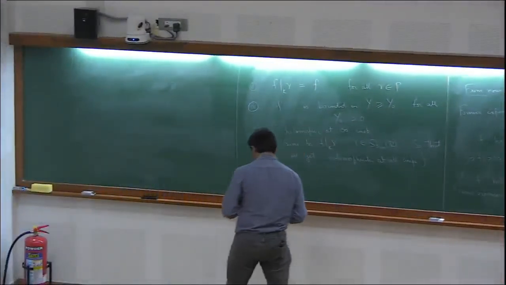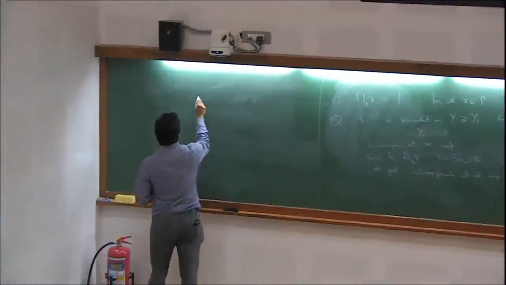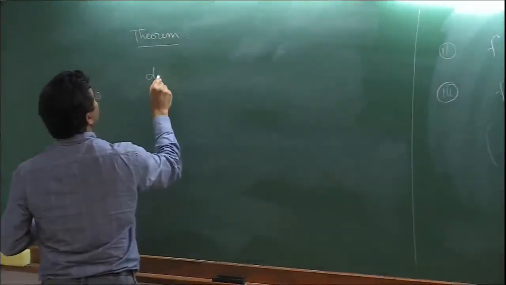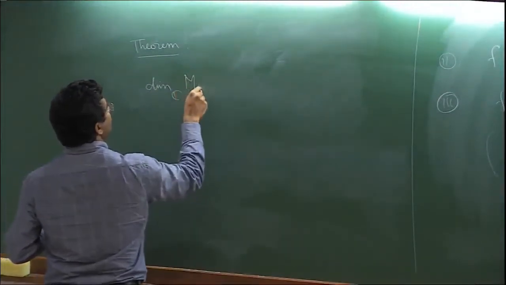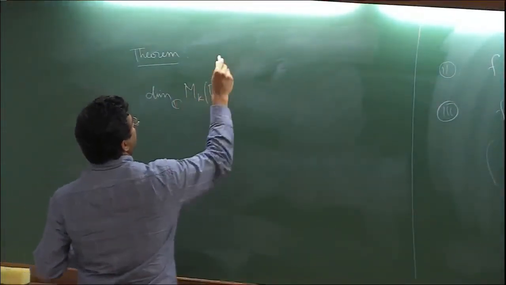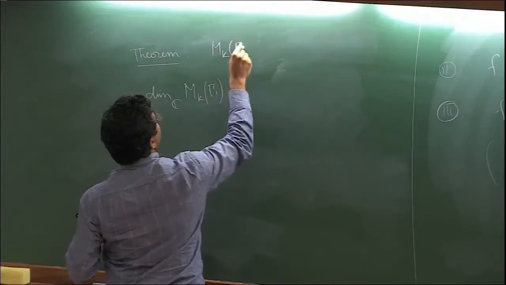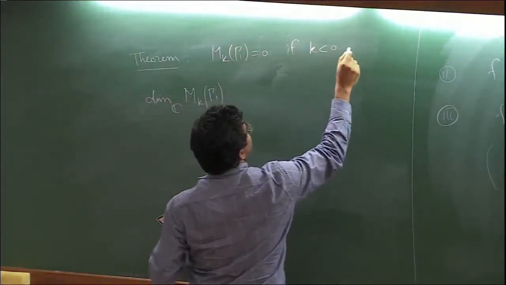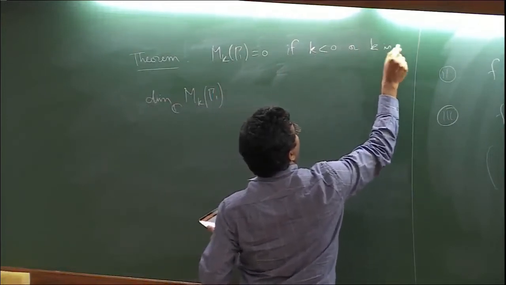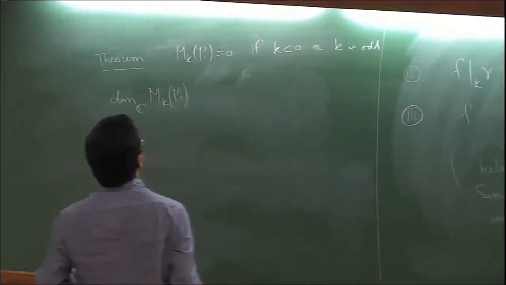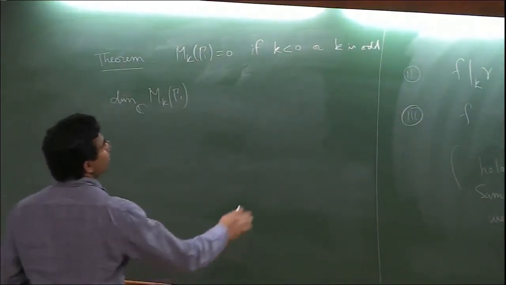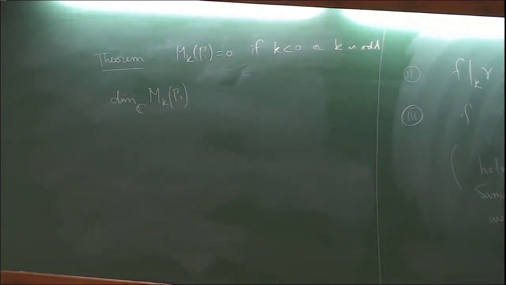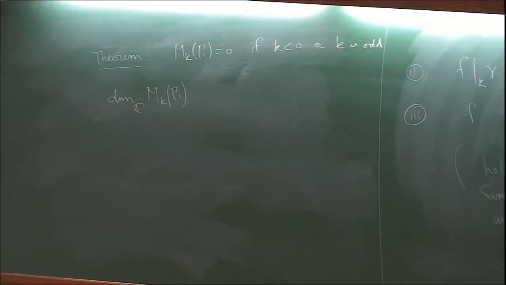In fact, theorem: the dimension of Mk gamma 1 is 0 if k is less than 0 or if k is odd.